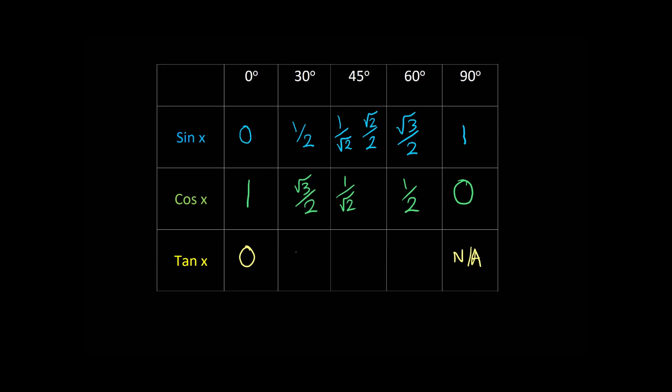At 30, it's 1 over root 3, or again another version of that is root 3 over 3, whichever one you prefer to memorize. At 45 degrees tan is 1, and at 60 degrees tan is root 3. So just some values that you need to get familiar with and memorize.